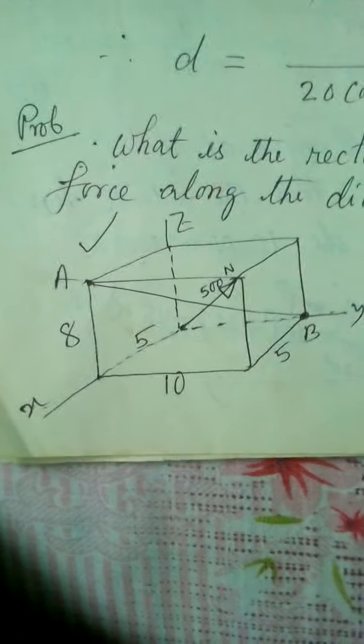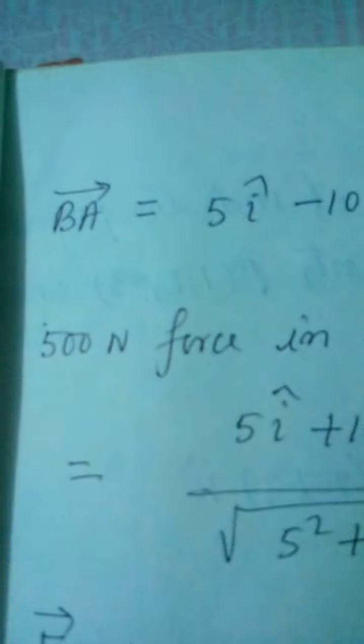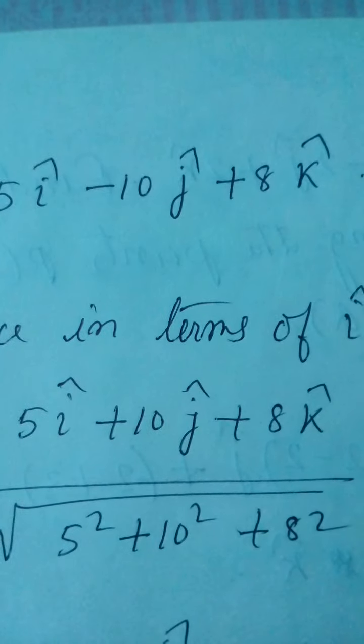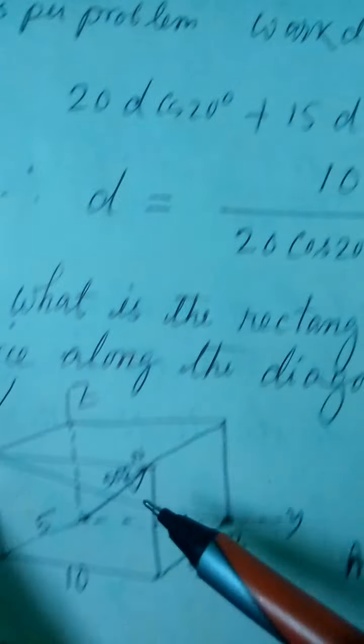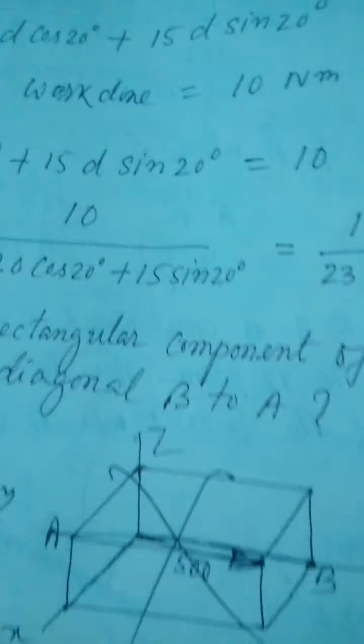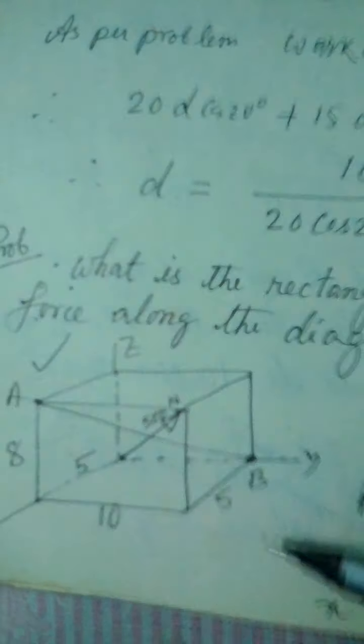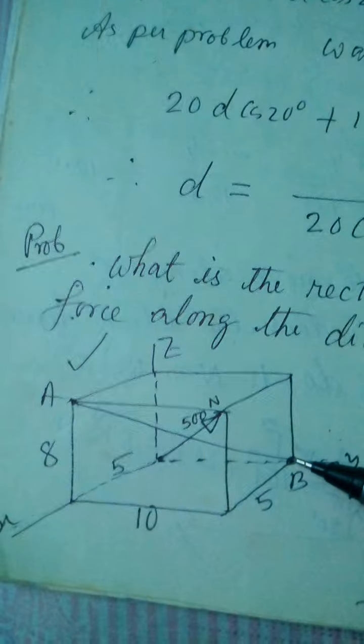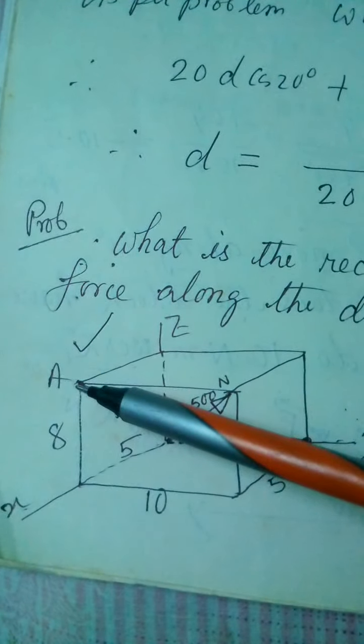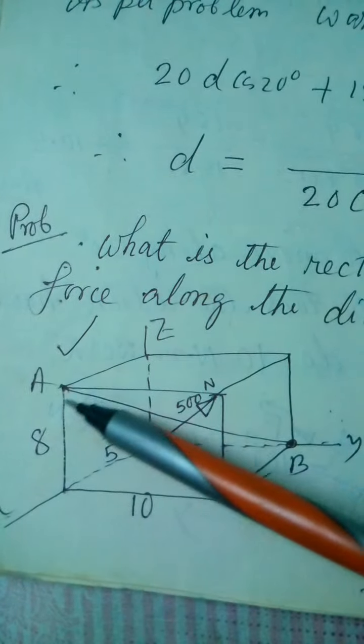Now you see, BA is equal to this one. BA is equal to 5i minus 10j plus 8k. How? B to A. How do we get it?